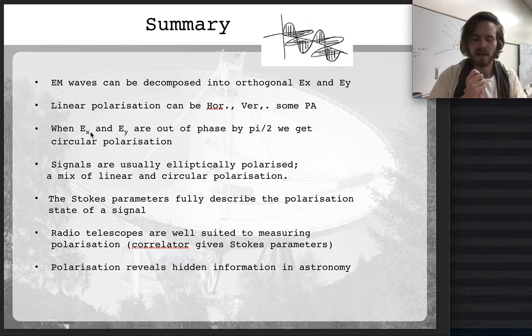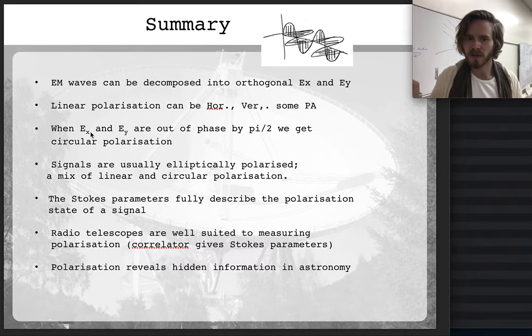So then, the realistic case in astronomy is that your signal is going to be elliptically polarized. So that's when you have a mixture of linear polarization and circular polarization, and that can be a little bit confusing because you have linear, you have polarization angle, you have circular.